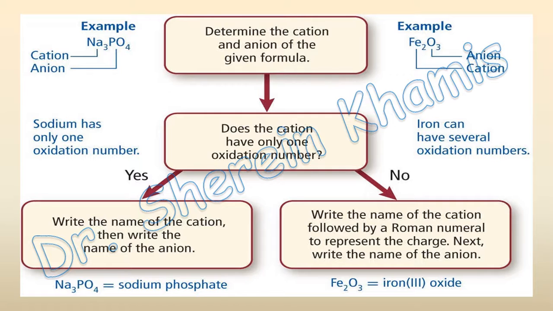We have to represent what? The charge. Next, write the name of the element or the anion. So here, if we have to write the name of this compound, Fe2O3, its formula, we can write it iron 3 oxide. I think it's a very important point.